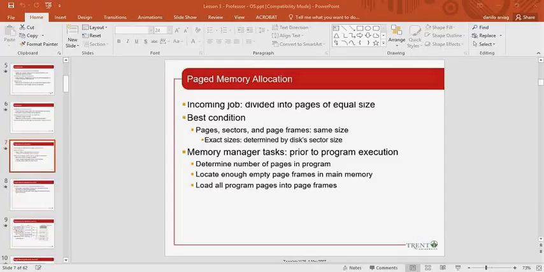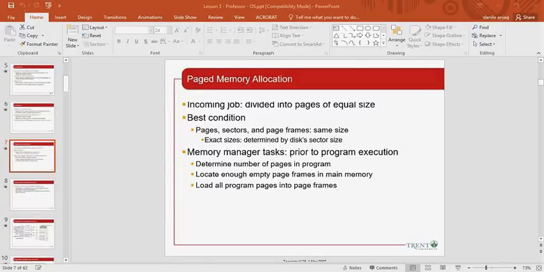So now that we have a brief overview of each of those 4 complex memory management systems, let's now go down to the detail or the granularity of those memory allocations. So just to reiterate, page memory allocation is based on the concept of dividing jobs into units of equal size, and each unit is called a page.